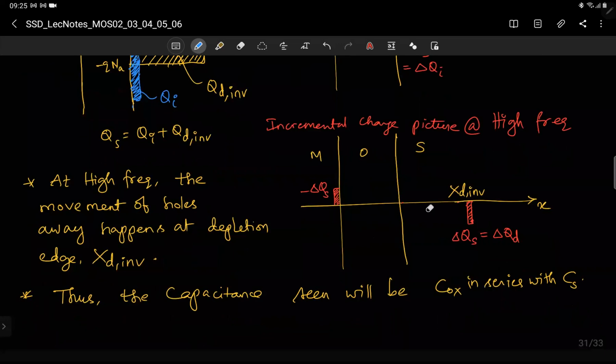As can be seen, you have a series combination of COX and CS, as we have seen earlier. This is not new. At high frequencies, the movement of holes away happens at the depletion edge, so the delta charge comes at the depletion edge, and that is due to movement of holes, an increase in depletion charge. Thus the capacitance seen will be COX, the oxide capacitance, in series with CS, the semiconductor capacitance.